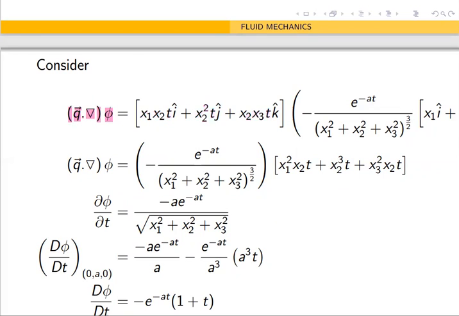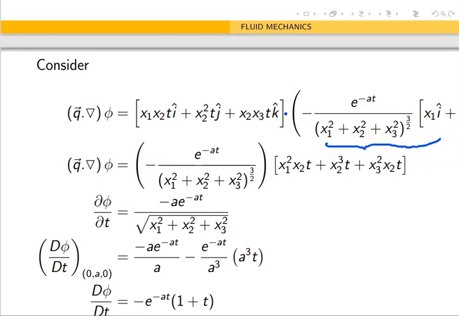And there should be a dot here, so let me put the dot there. So minus e power minus at, and the remaining gradient phi we just found, that we can substitute.